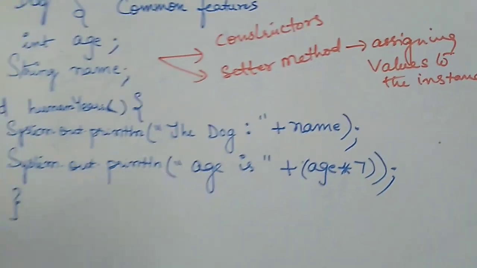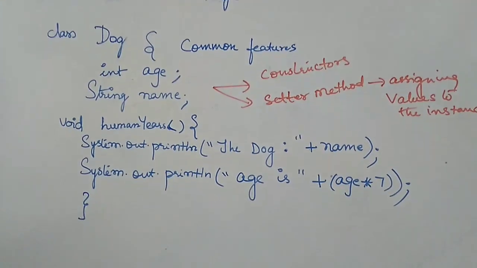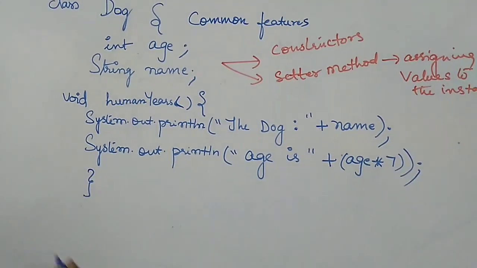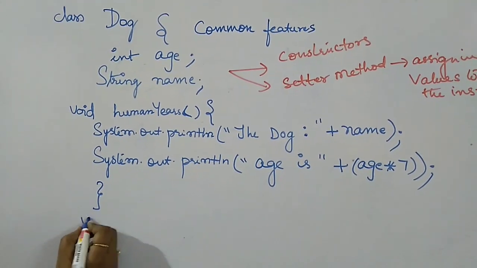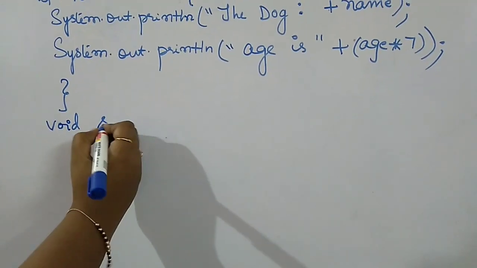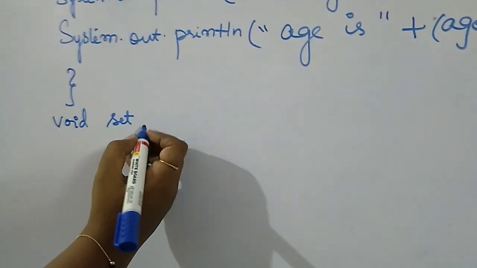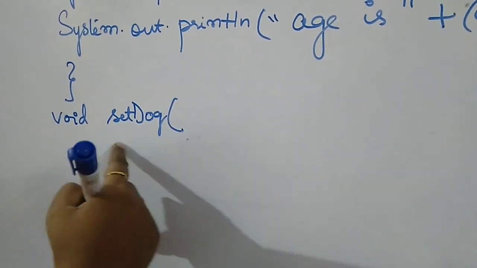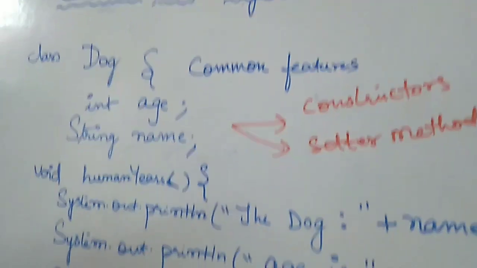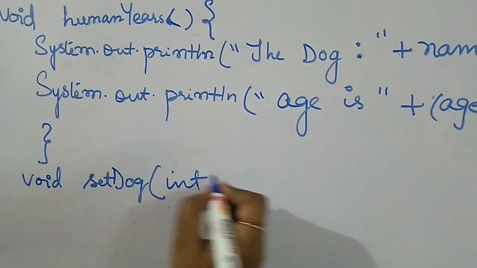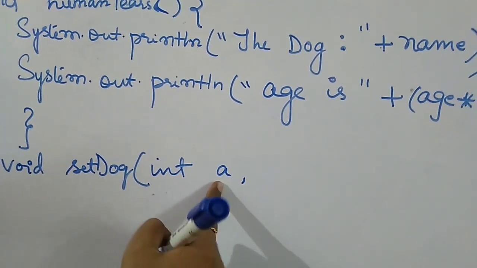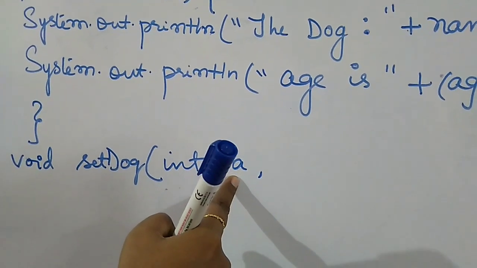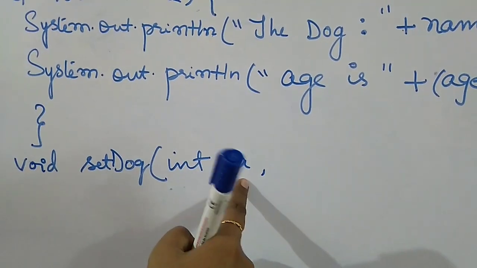How do you write your setter method? It is similar to your normal methods. I say void and then the method name, setDog. Inside the parentheses I take the two instance variables as arguments. I take one argument which will receive the value of age, so int a.